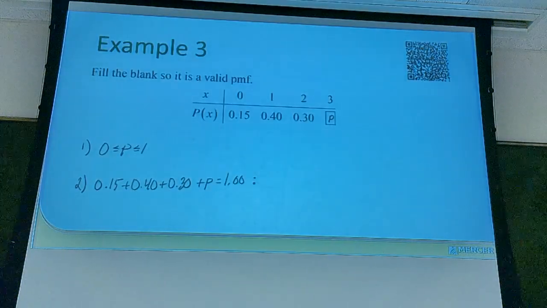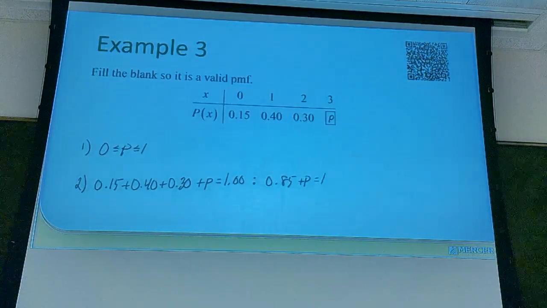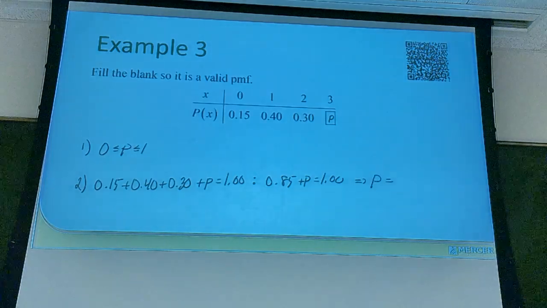$40 and $30, 70, and 15, 85. So 0.85 plus P has to be 1. What does that mean P has to be?